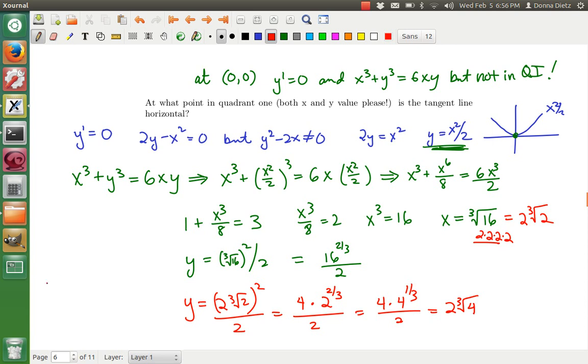So the way I would write this point is 2 cube root of 2, cube root of 4. But if you choose to write it the other way, if you choose to write cube root of 16 and then 16 to the 2/3 all over 2, I'd say that is fine with me. Same. Okay? And then you should clap for yourself if you got that far.